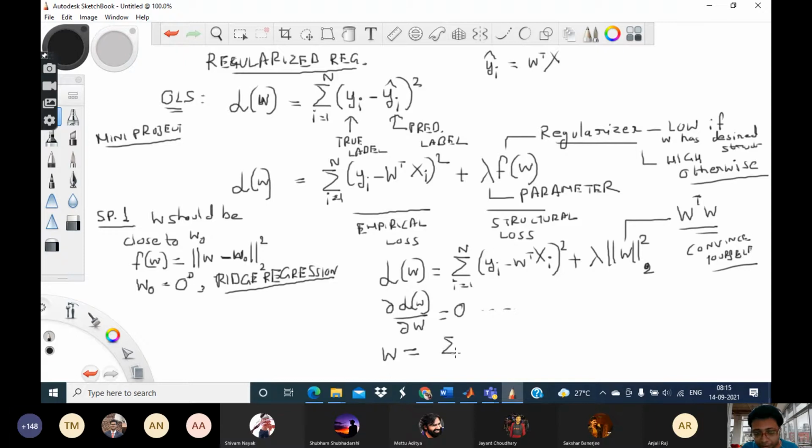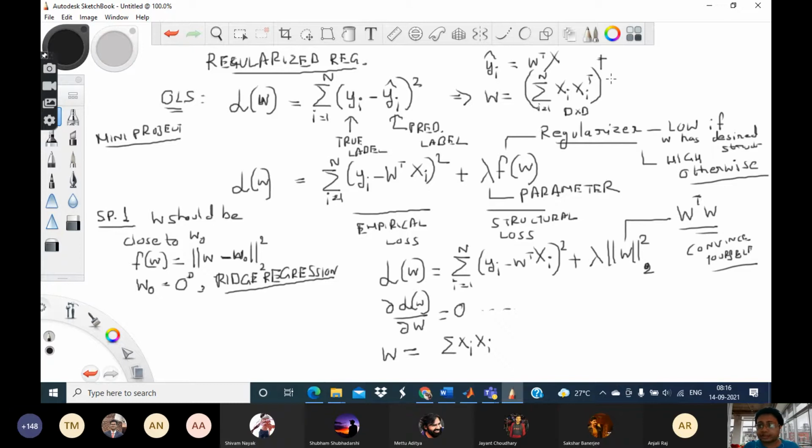that expression for W came to be something very similar to what I get in case of OLS. So in case of OLS, the expression I get for W is as follows, if you remember: xi transpose, summation over all the n data points which we are considering. Again, just to remind, this is a d cross d matrix. Okay, and then once you get the matrix, you take this thing.